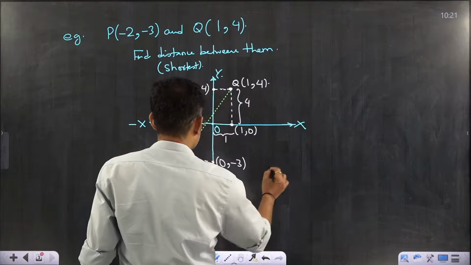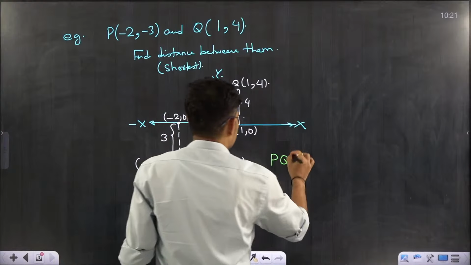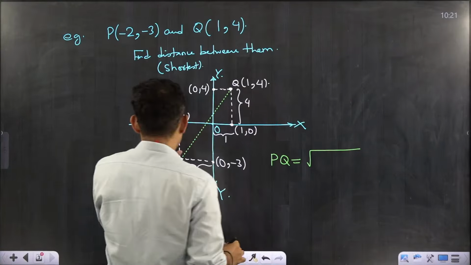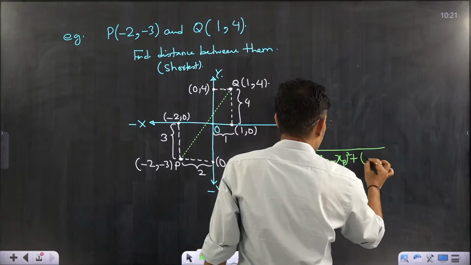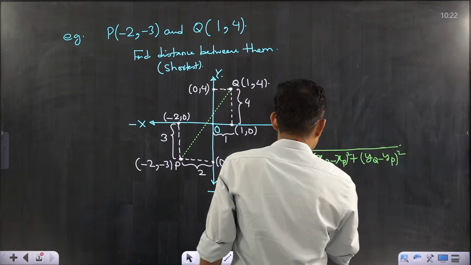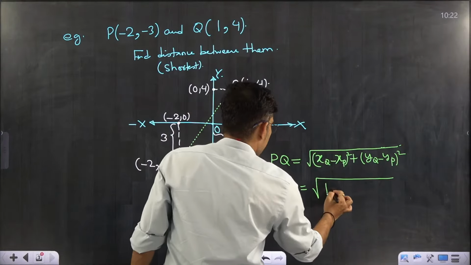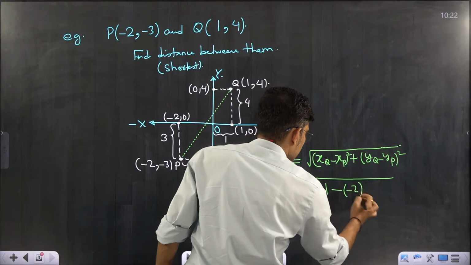So PQ will be, you can directly use the distance formula, you can write (xq minus xp) whole squared plus (yq minus yp) whole square, in which x of q is 1, x of p is -2, minus minus will become plus.